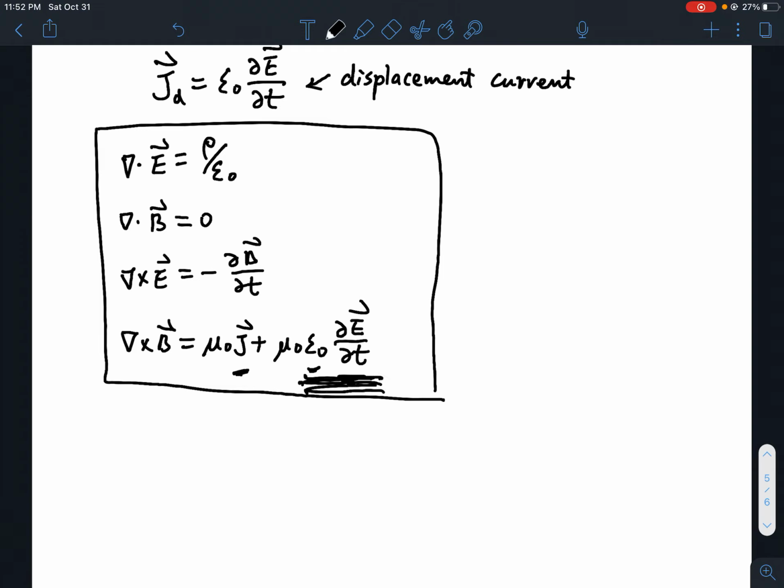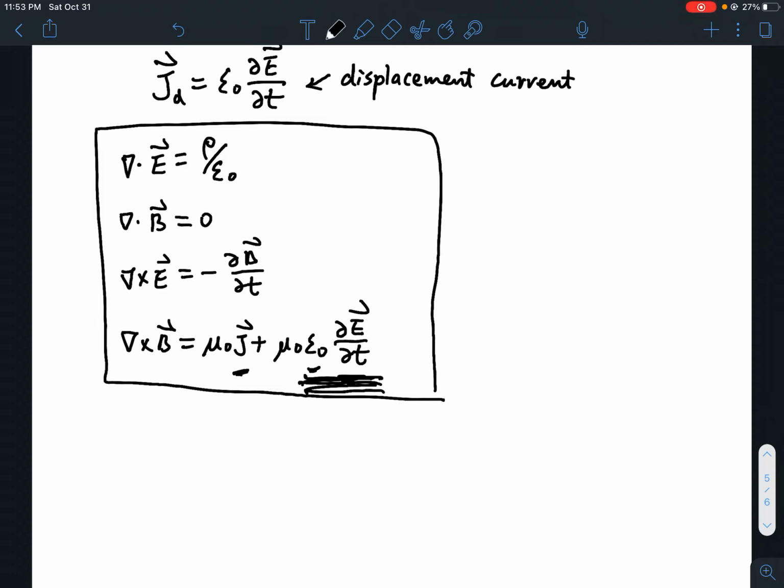However, you will see that this term is really important when we talk about the propagation of electromagnetic waves. Also, this J_D is called displacement current. It's not really a real current, in the sense of a flow of real charges.